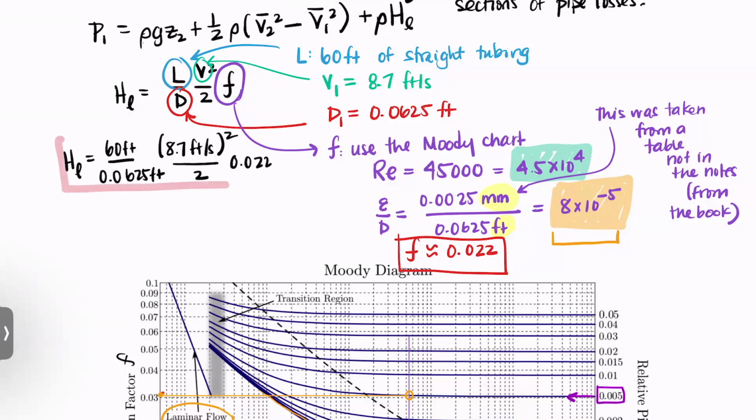All right, so I'm going to take this result and pop it in here. And when I do that, I get that P1 is equal to 20.3 PSI.